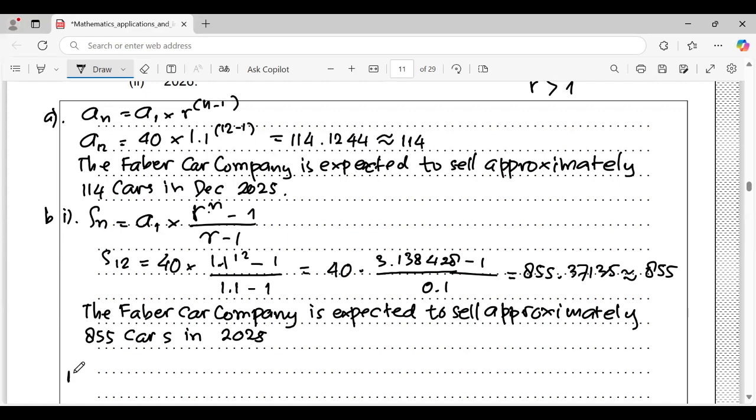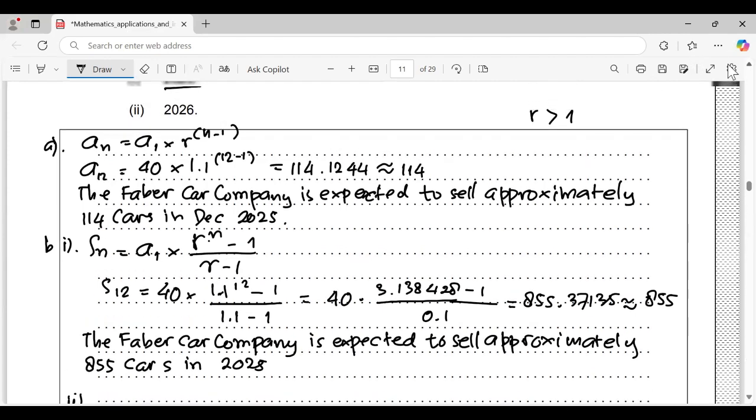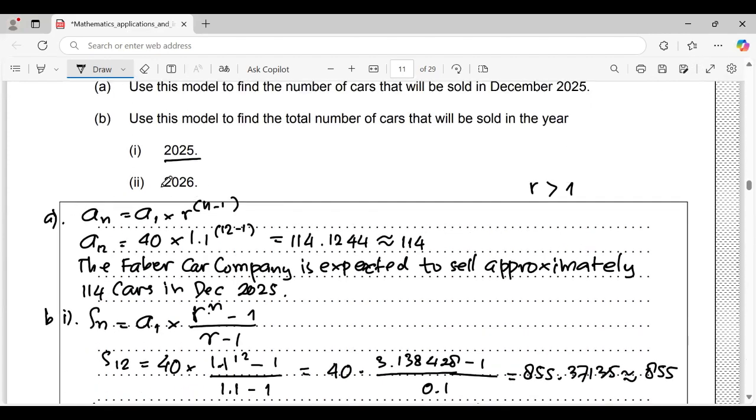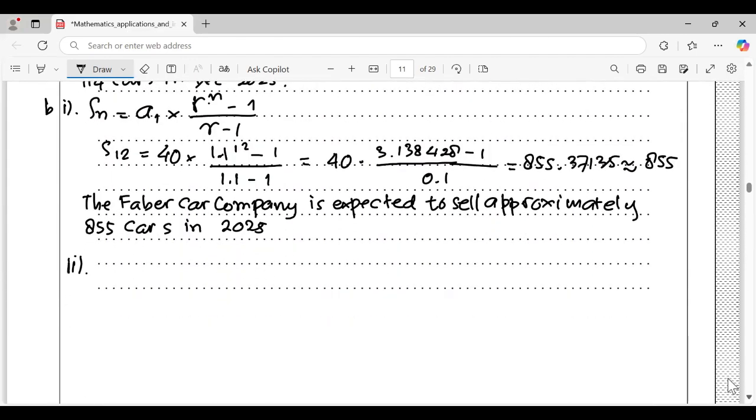Okay, part two. Part two, we are going to calculate during 2026. The formula for the sum of terms from a_13 to a_24. So I'm going to use these terms, 13 to 24.